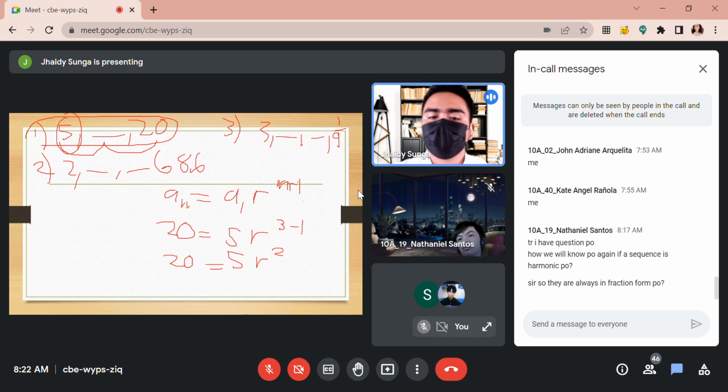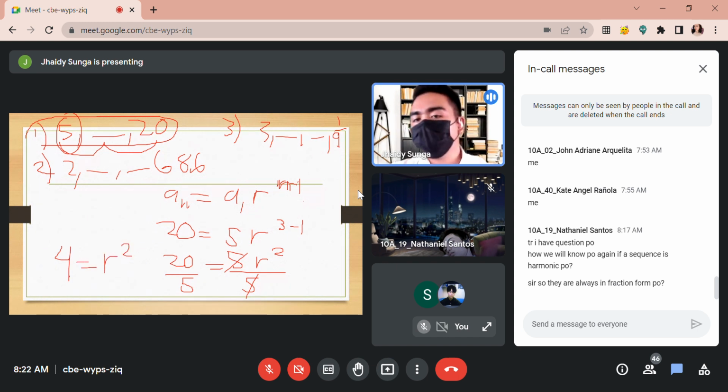In this case, we are just finding the ratio, just like in the common difference, so we don't need the 5. We exclude that. 20 divided by 5 is 4, so 4 is equal to r squared.